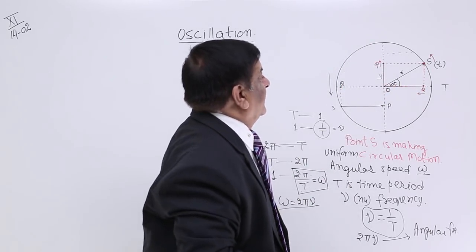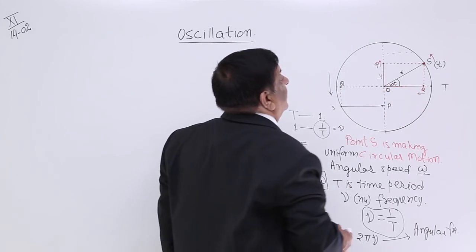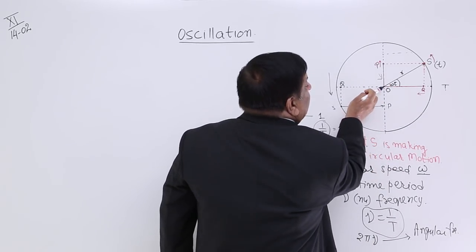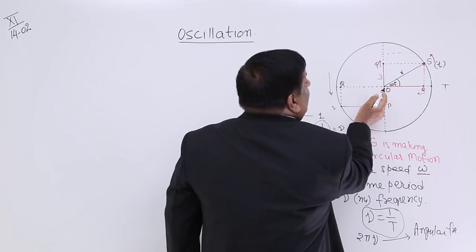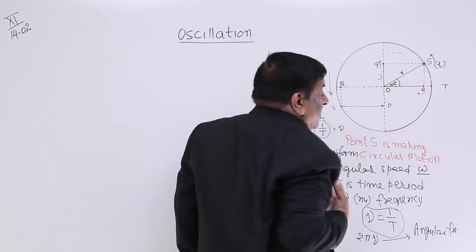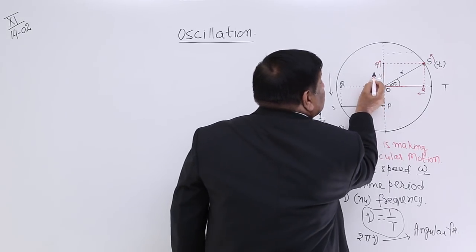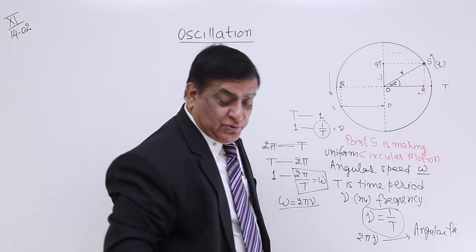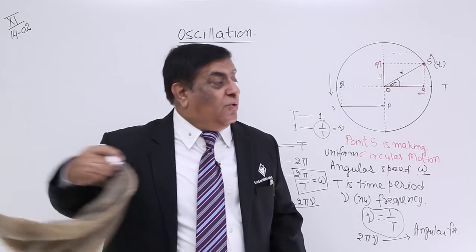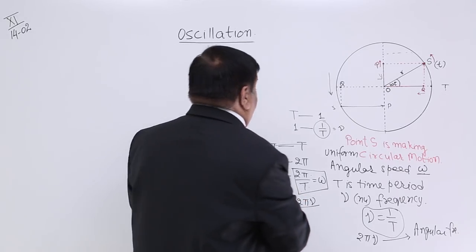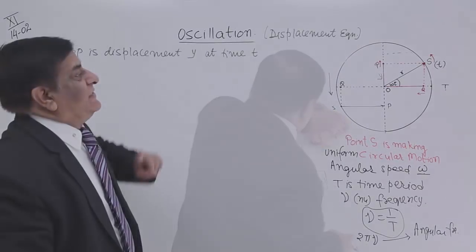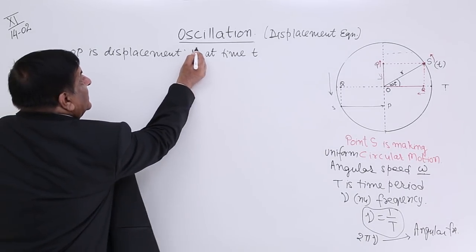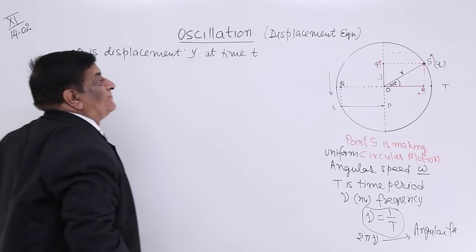This is the position. Now, where is P? Here is P. How far is it from the mean position? From O to P. OP is what? OP is the displacement of P at time t. So we note down that OP is displacement y at time t.